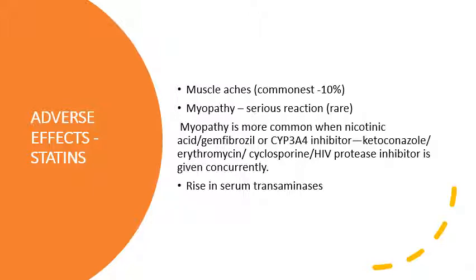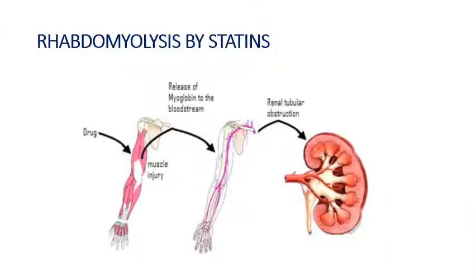Statins also cause a transient increase in serum transaminase levels. The liver enzymes are elevated, but it is reversible. Once the statin therapy is stopped, it becomes normal. Now the important, serious, but rare side effect of statins: increased levels of statins cause muscle injury, which causes release of myoglobin into the bloodstream.